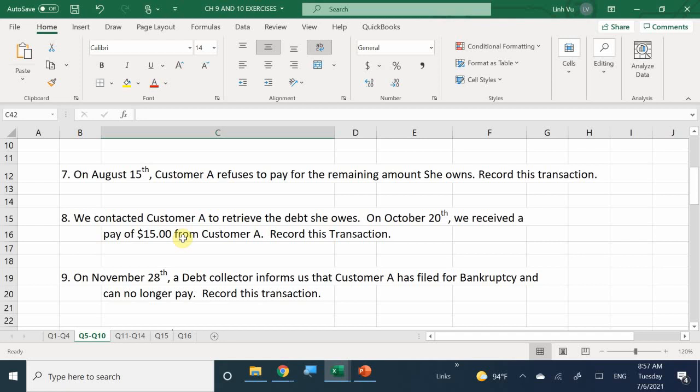After we found out that customer A was going to refuse to pay, we go after her, sending letters, charging late fees or whatever it is. In this case, we're not charging anything. But now that we finally contacted customer A, they said, here's $15. So how am I going to record this transaction?